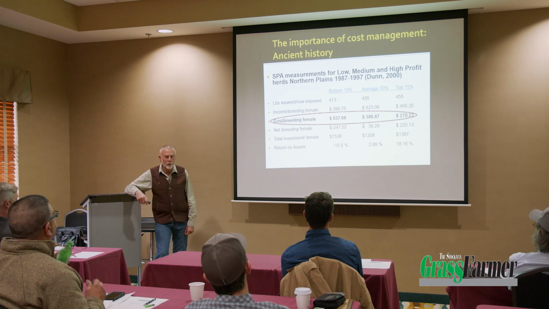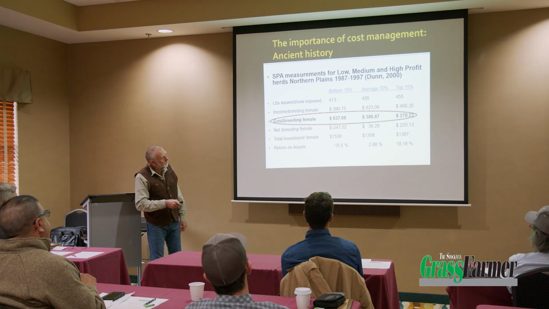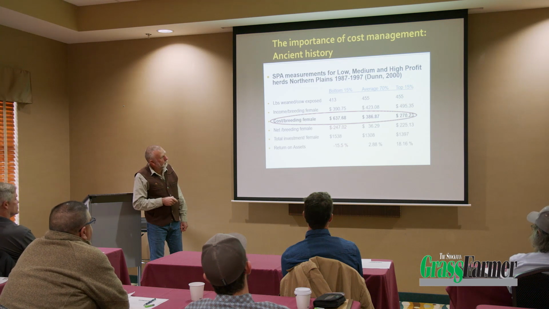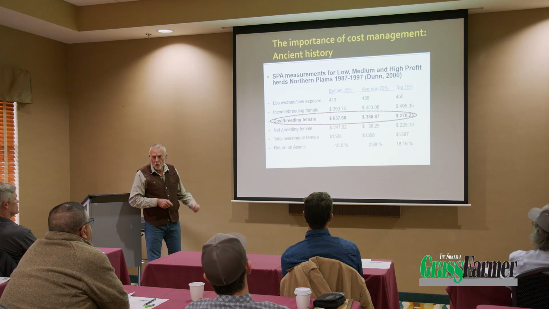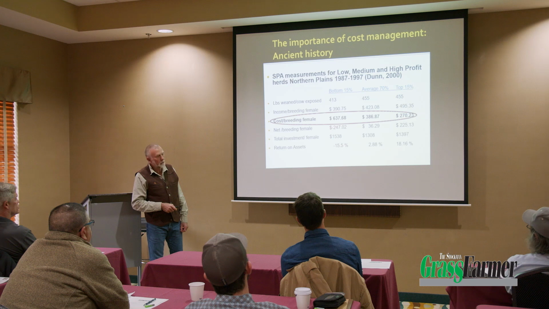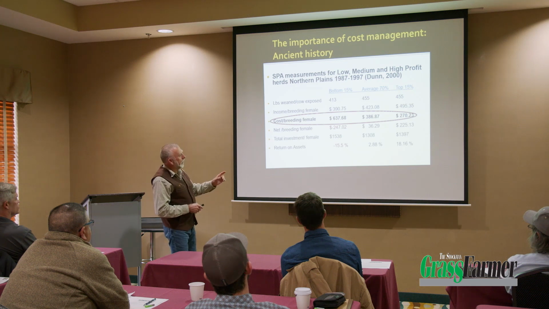Well, that's really interesting. And then I highlighted this line here. The bottom 15% has a $637 cost to carry a cow. The top 15%, $270. I don't know if I can do that math.